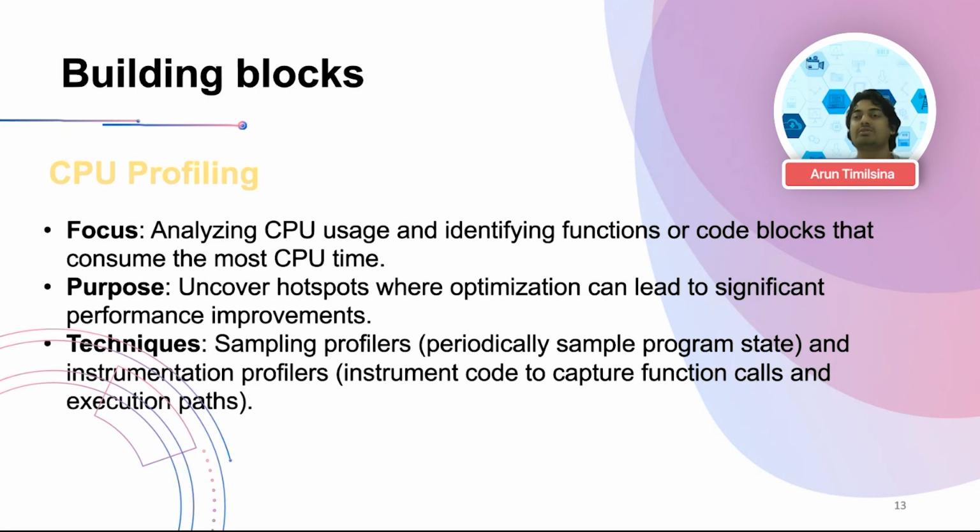Sampling profilers will not be sufficient for that. We have to implement instrumentation profilers so that we can capture the function calls, the execution path, and what methods were being called at that particular time, while the CPU usage was high. And we can further break down and optimize our code.